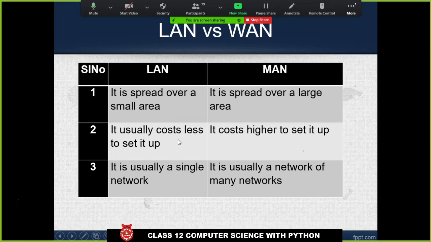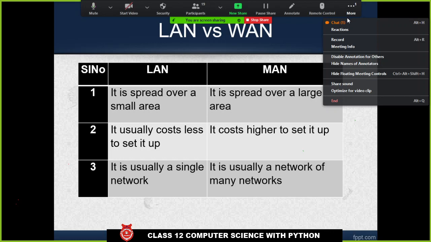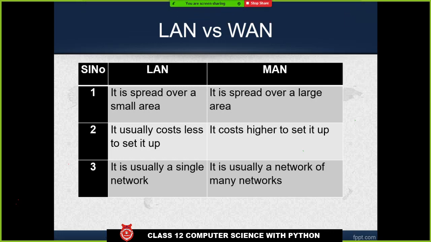Local area networks usually cost less to set up, but setting up a MAN costs higher. And a local area network is usually a single network, but a metropolitan area network is usually a collection of many networks. All right, it is usually a collection of many networks.